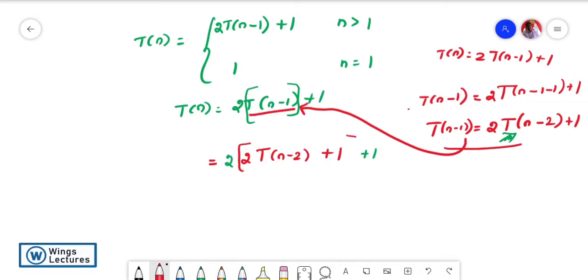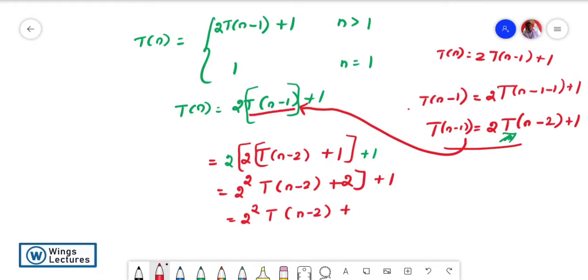So that is going to be the substitution. After that, let's see, I am going to take 2 into 2 as 2 power 2 T of n minus 2 plus, so after multiplying with this, 2 plus 1, finally 2 power 2 T of n minus 2 plus, totally I can call this one as 3, right?